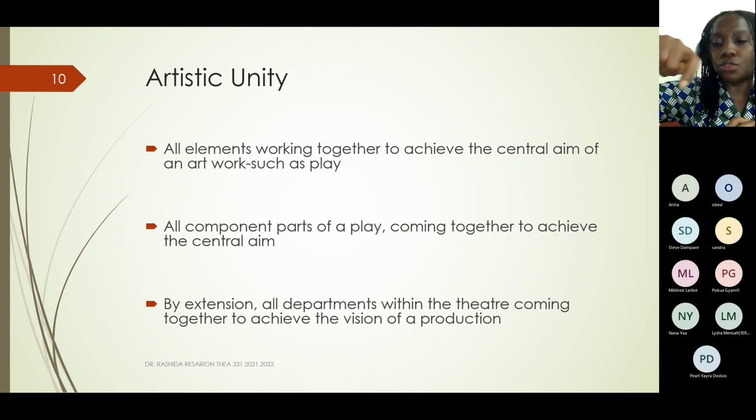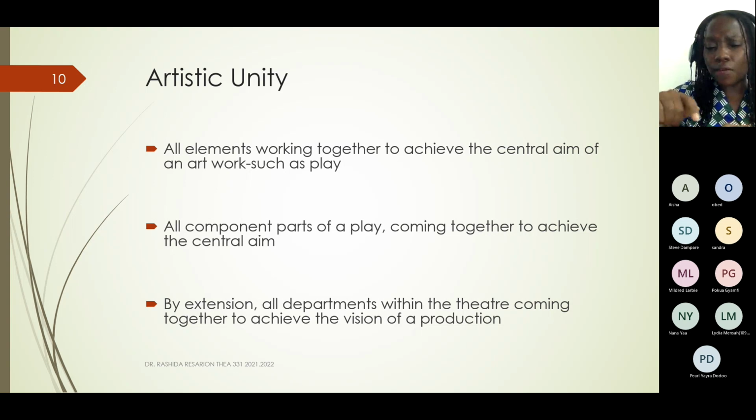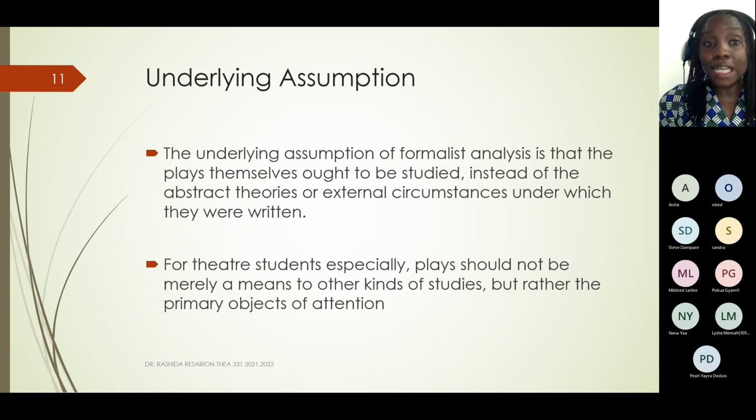How is plot related to character? How is character related to dialogue? How is dialogue related to theme? All of these things. And then on the whole, what do they say? Because there's always a purpose for which a playwright would put pen to paper. There's something in your mind you want to convey. What is it? At the end of the reading, I should be able to see that thing, that idea you are trying to convey.